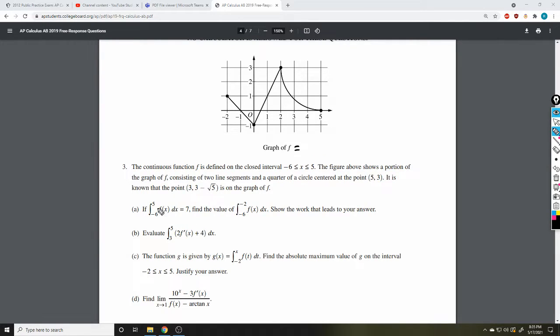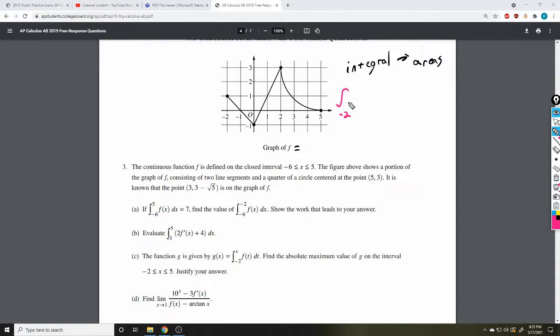So since we are looking at an integral here, it means that we're talking about areas from -6 out to these possibilities. And in this case, from -2 out to 5. So let me go ahead and show how that integral works out from -2 to 5.